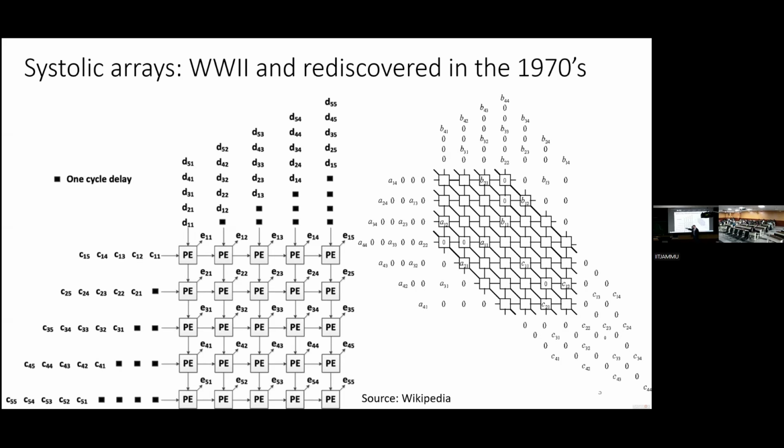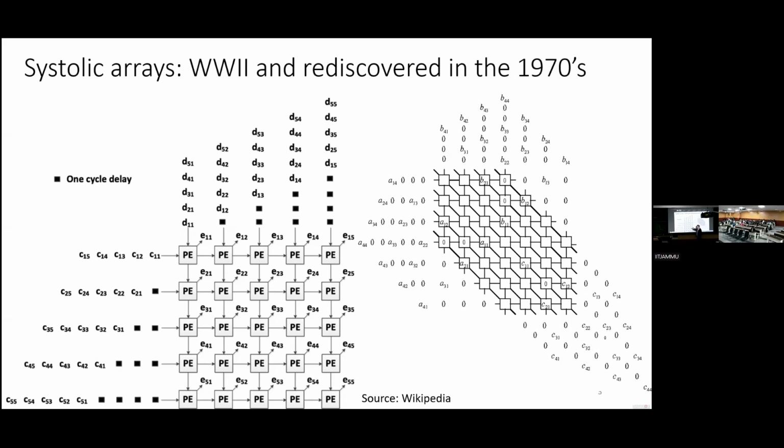The most straightforward topology is this rectangular 2D array where the data moves in some direction, horizontal and vertical. But you can have many others. You can have something like here where you still have horizontal and vertical, but you also have diagonal. And not only that, you can even have hexagonal. So, I'm not going to go into details.